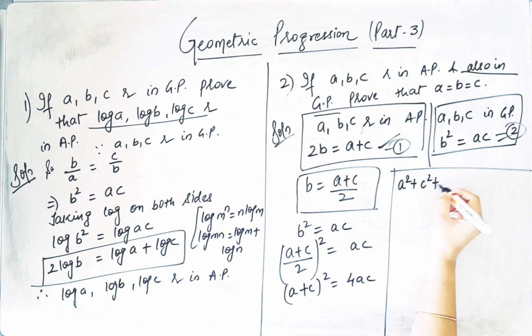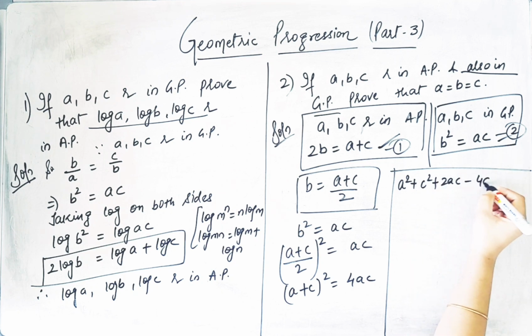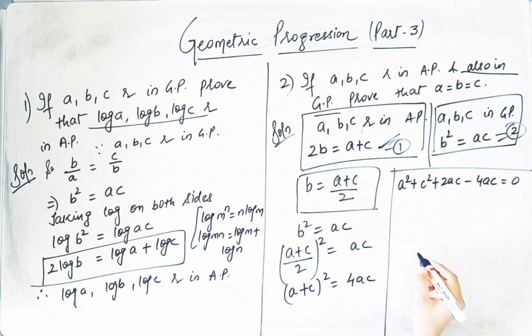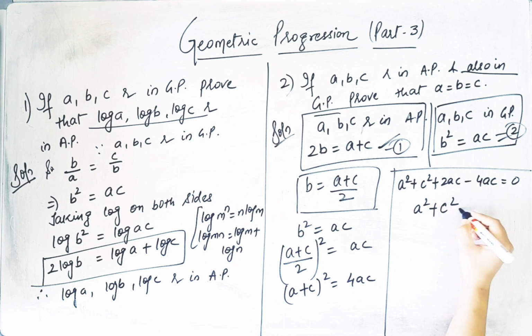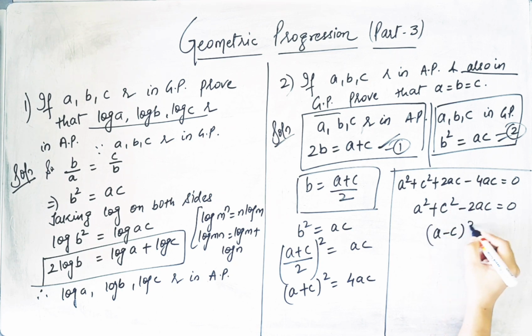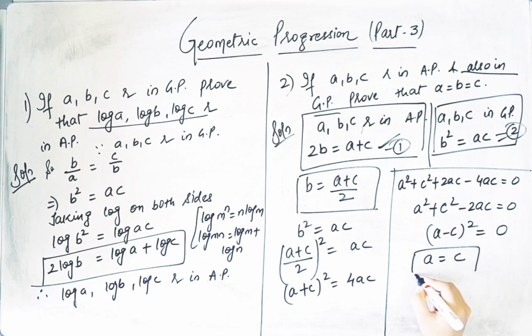A square plus C square plus 2AC minus 4AC equals 0. We have shifted 4AC to this side. Thus we have got A square plus C square minus 2AC equals 0. Thus (A minus C) whole square is 0. We can write A equals C. Now if A equals C, we know B square is AC.